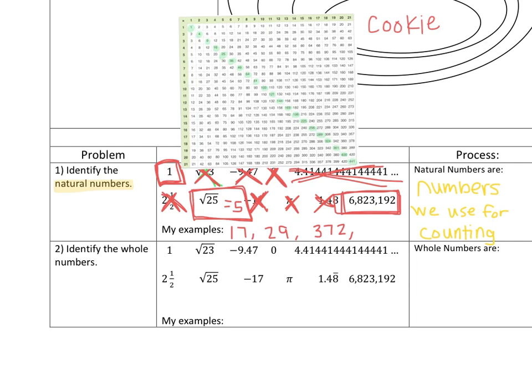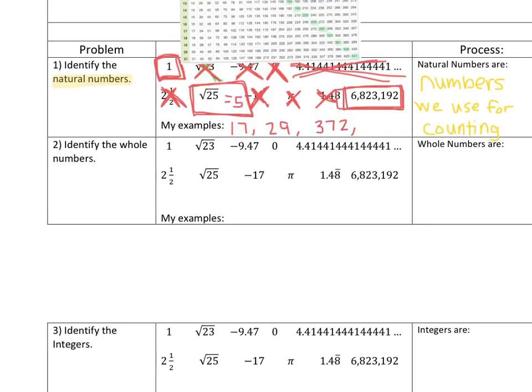Okay, number 2. Number 2, it says identify the whole numbers. So whole numbers are positive natural numbers is actually what we should say. Sneak in that word natural. I'm sorry. Positive natural numbers and 0.